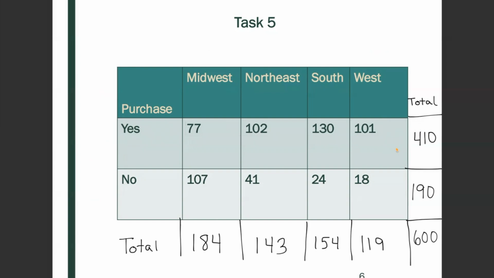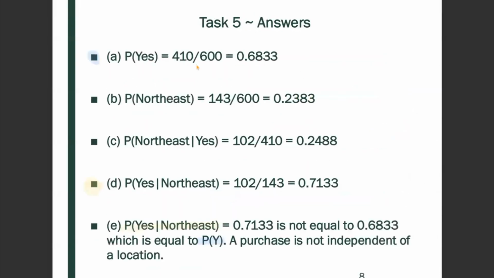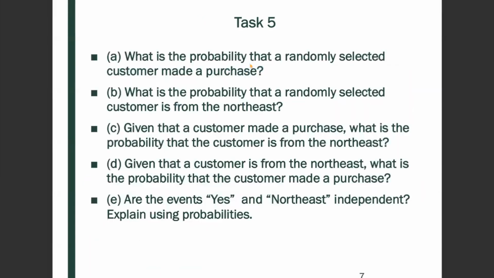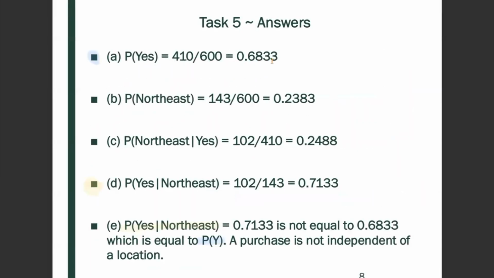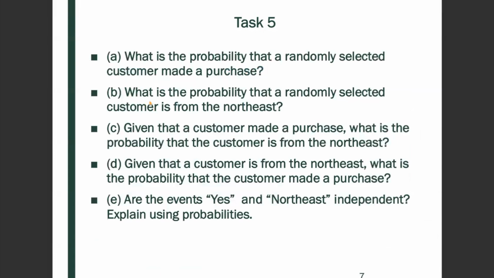So we would have 410 because that's the number of customers that made a purchase divided by 600, which is the total number. So the answer would be 410 divided by 600. And so that's written here, which is 0.6833.